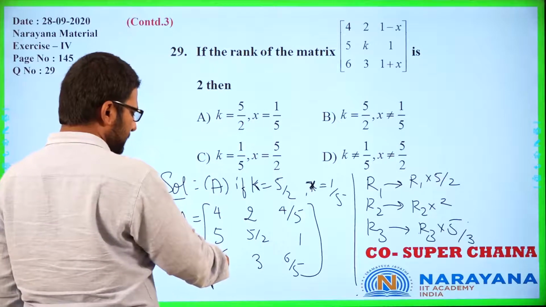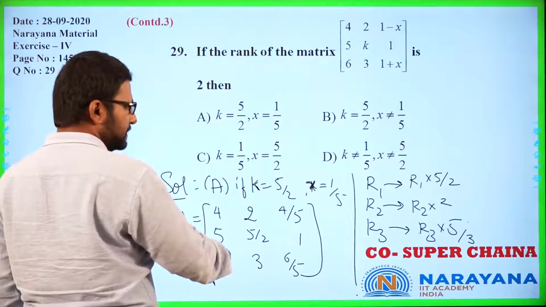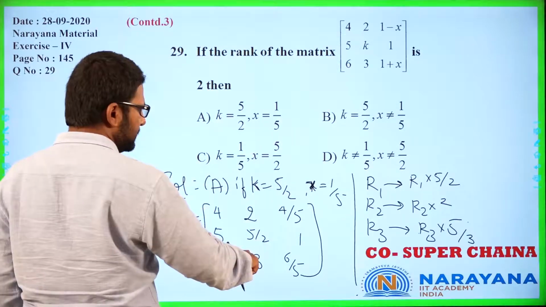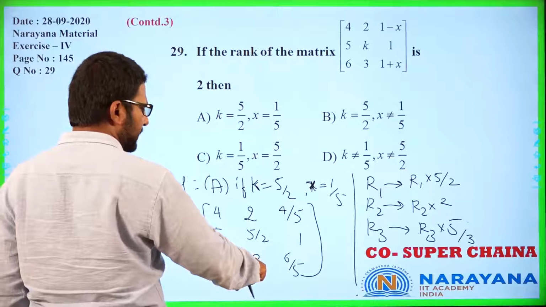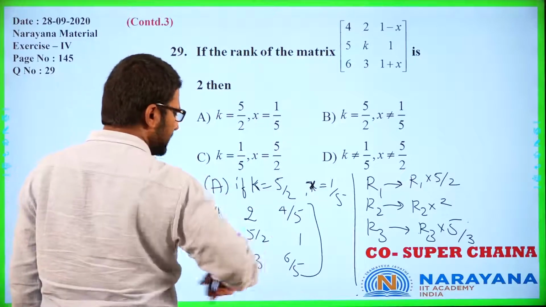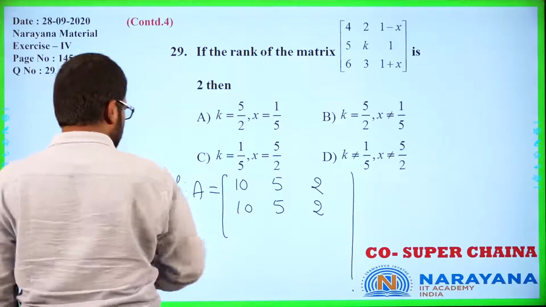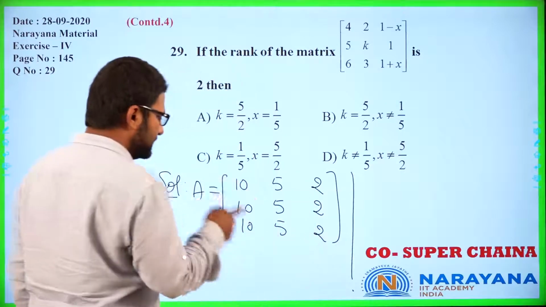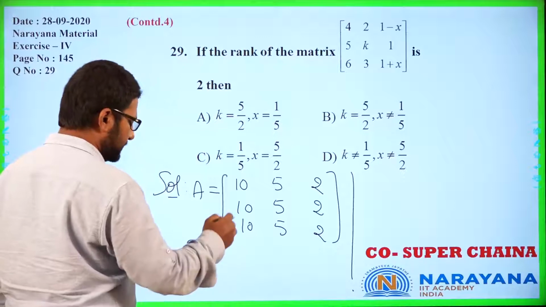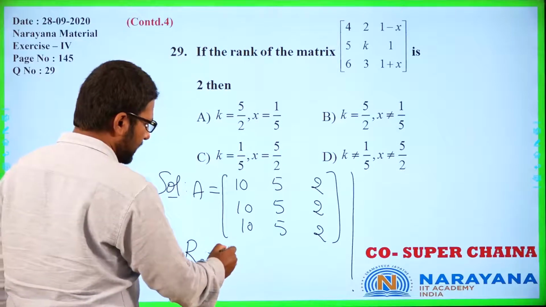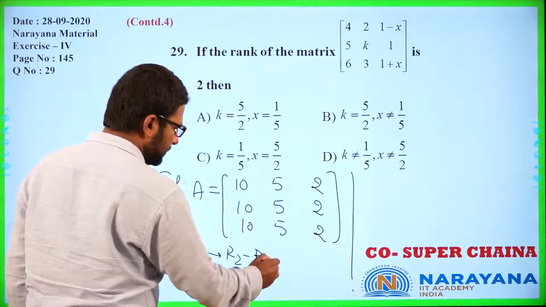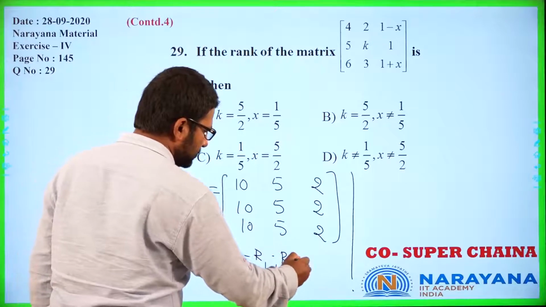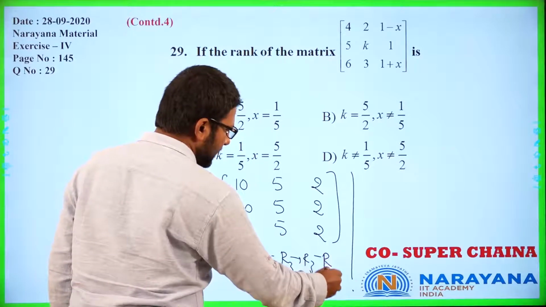If you multiply this with 5 by 3, 1 3 will come out. So 30 by 3 is 10. 15 by 3 is 5. 6 by 5 into 5 by 3 is 2. So once again, you will have 10, 5 and 2, right? This time, I hope it is pretty clear to you what to do next. R2 goes to R2 minus R1 and R3 also goes to R3 minus R1.